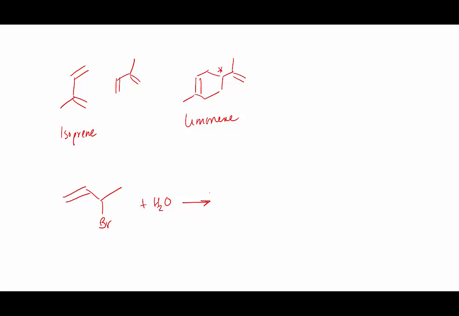Bromine leaves? Do we want bromine to leave? Why? Your guess is wrong. It's going to leave. But why is it going to leave? What did I hear? SN. This is an SN1 reaction. Why is it an SN1 reaction?